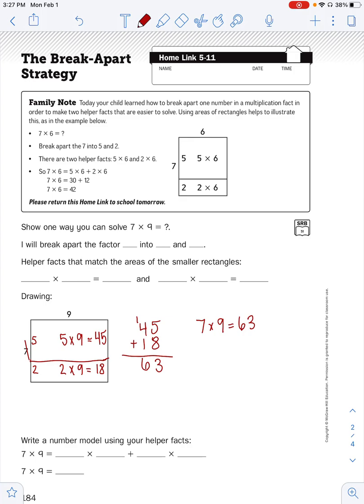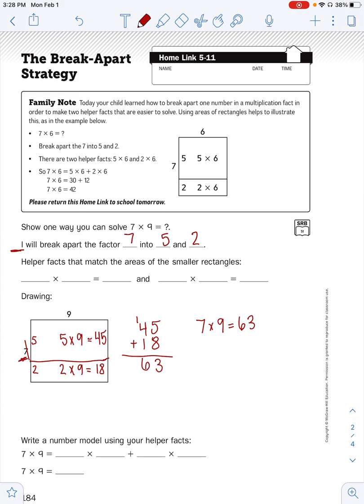All right, now we have to put all these numbers into these blanks. So what this is asking you, look right here. I will break apart the factor blank into these two numbers. Okay, so which factor did I break apart? Which one did I cross out? Yes, I crossed out the 7. So I broke apart the 7 and I made it into what two numbers? 5 and 2, because I knew that 5 plus 2 equals 7.